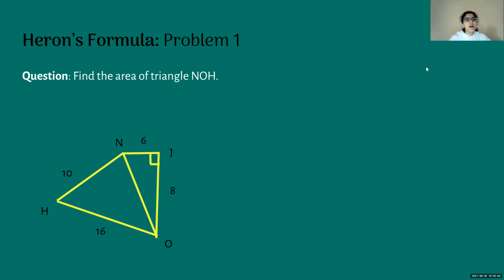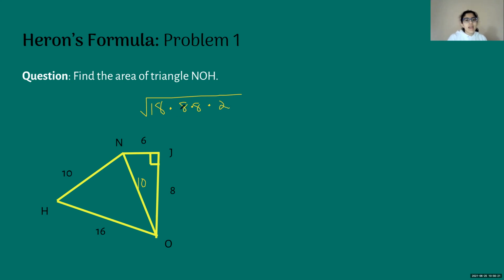First, we use the Pythagorean theorem to find this side. This side is the square root of 6 squared plus 8 squared, which is 10. Now we can use Heron's formula, and we find half of the perimeter, which is 18. So we do radical 18 times 18 minus 10, which is 8, times 18 minus 10, which is another 8, times 18 minus 16, which is 2.